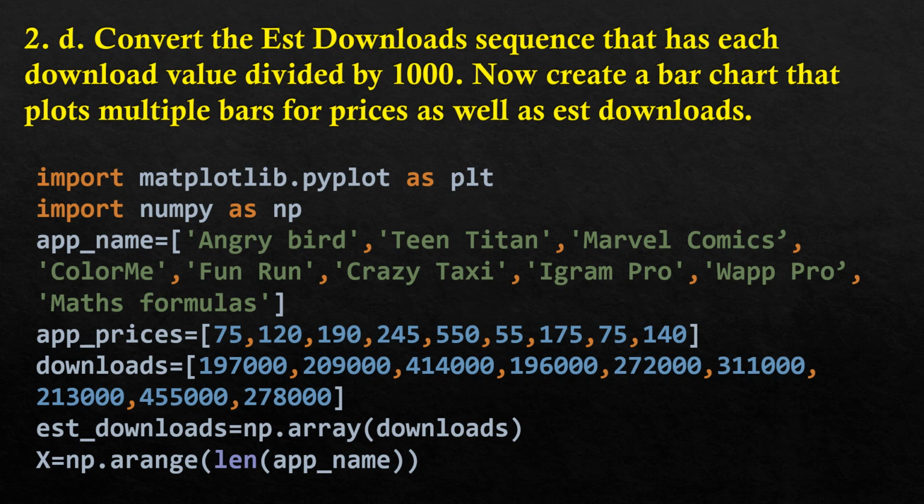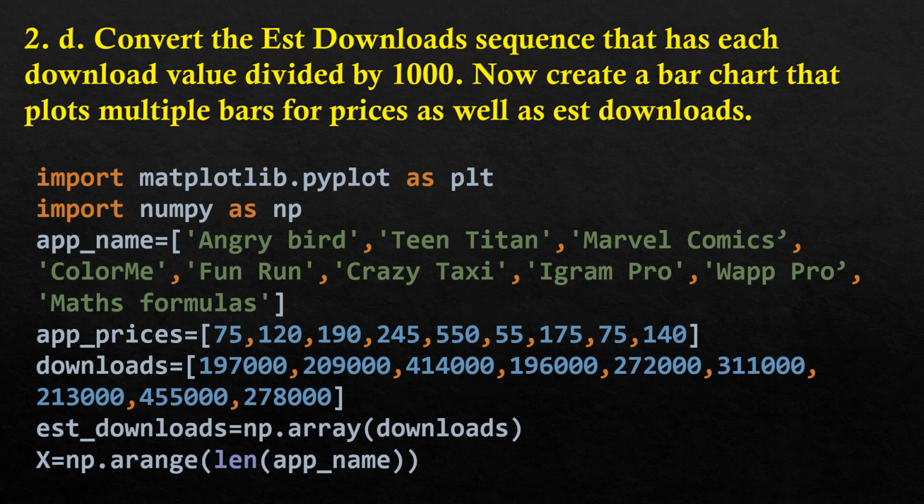Now since we have to divide this download value by 1000, let me store this downloads value in an NP array. So I have converted this list into an NP array by using the np.array method, by passing this downloads list into it, and have stored it in another variable called est_downloads.